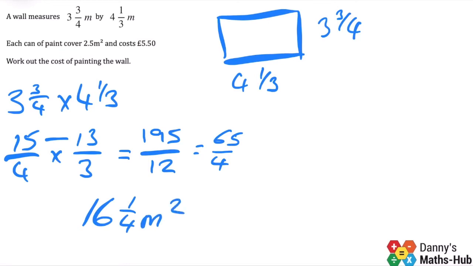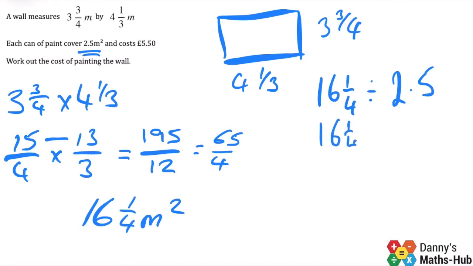So now we know this, we know we're going to want to work out how many 2.5s go into it, which now becomes a division question. So it's now 16 1/4 divided by 2.5. Well, we know 2.5 is the same as 2 1/2. Convert these into improper fractions. So we get 65/4 divided by 5/2.